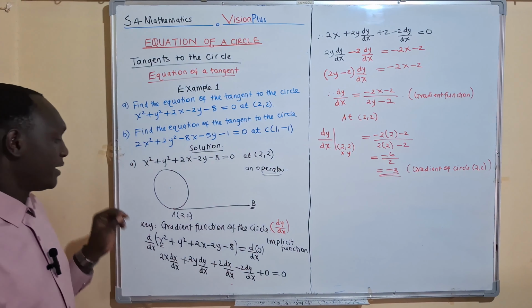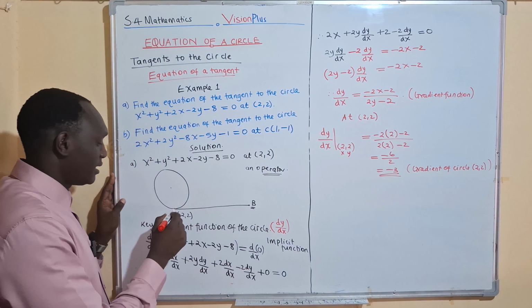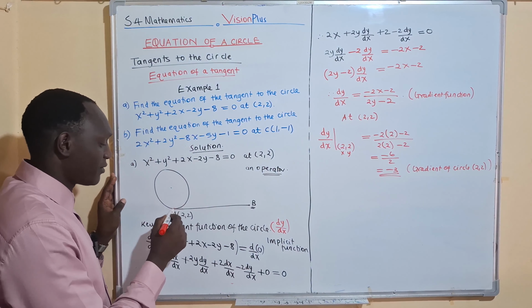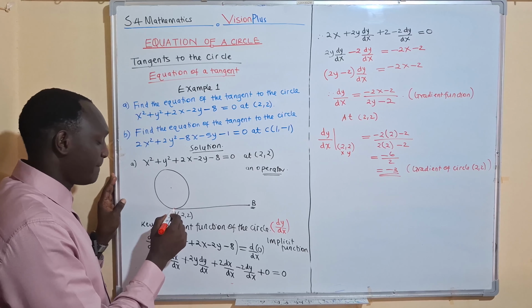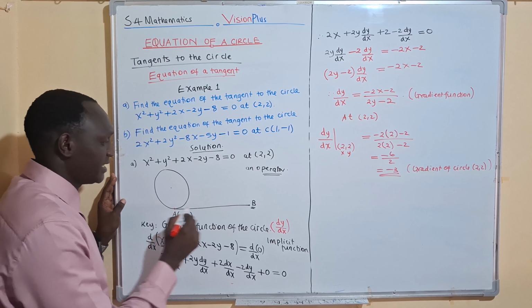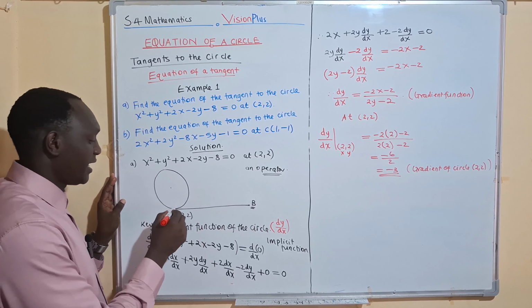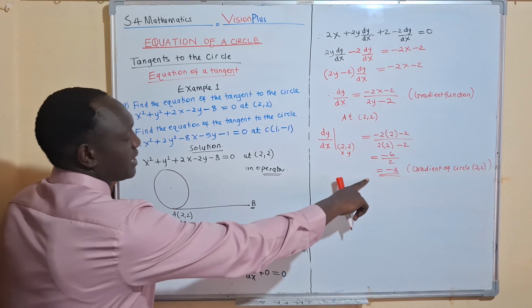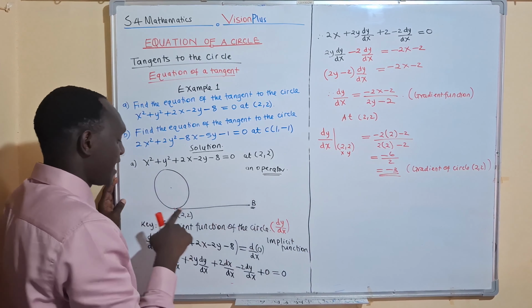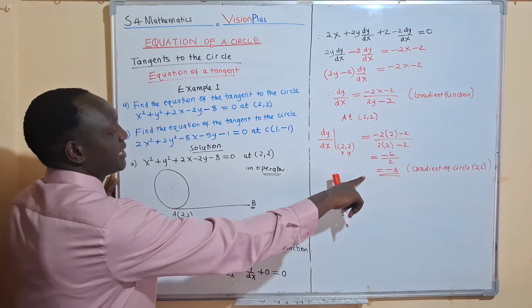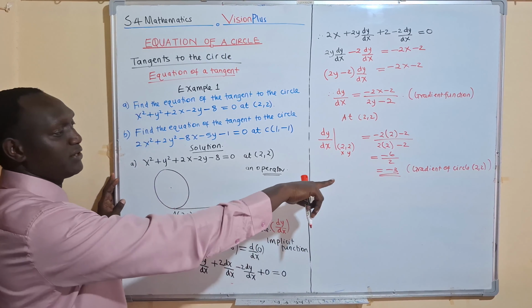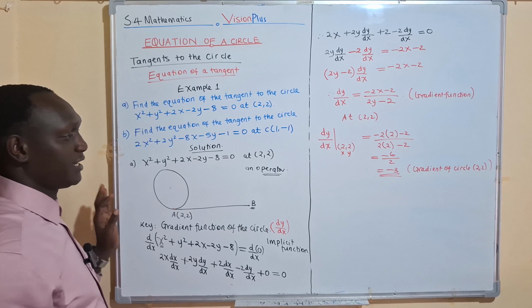Now, remember, this point on the circle is the same point where the tangent touches the circle. So at point A, the gradient of the circle is negative 3. At the same point, the gradient of the tangent is also negative 3.